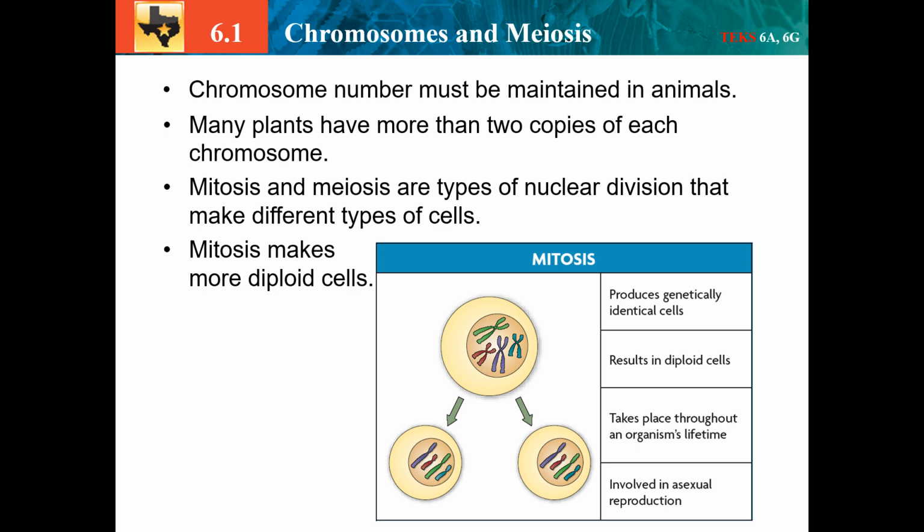The key word here with chromosome number is that we're talking about animals. So animals, so humans, we have 23 chromosomes, whereas plants could have more than 2 copies of each chromosome. Humans are what are called diploid, so 2N.